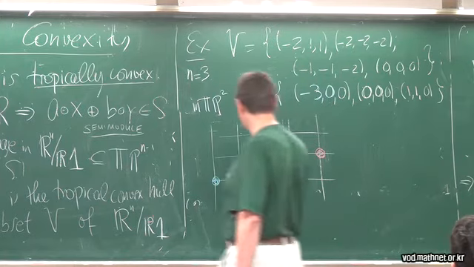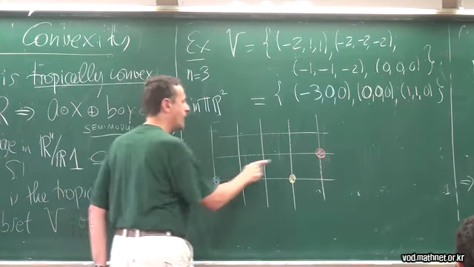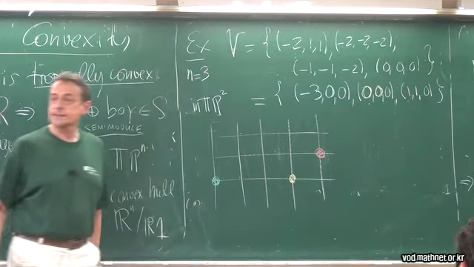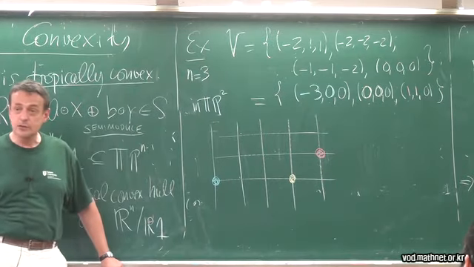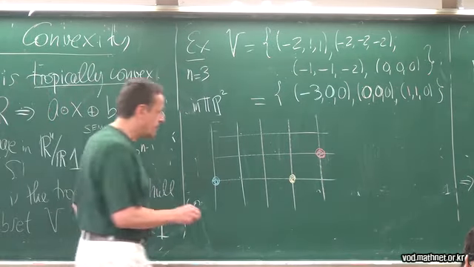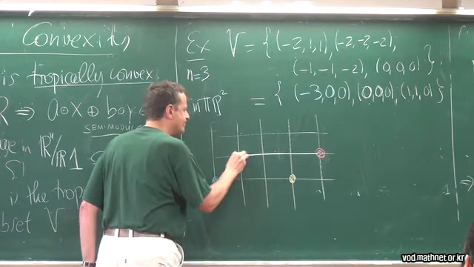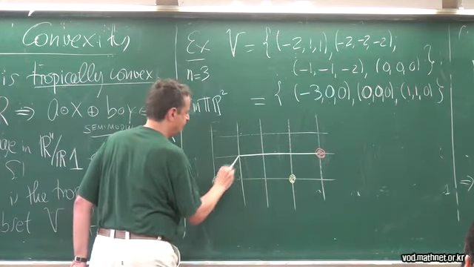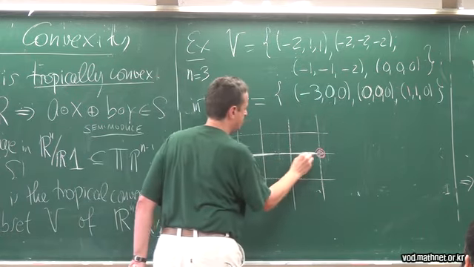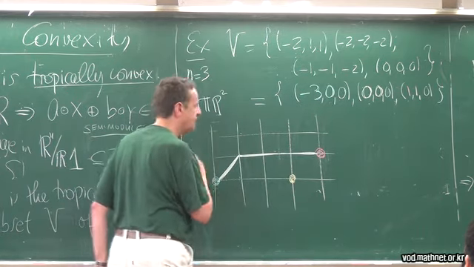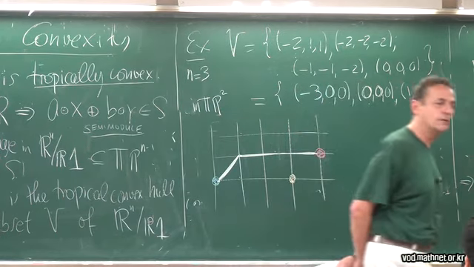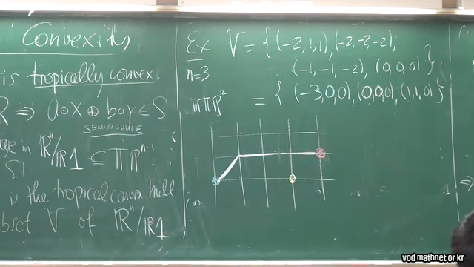Let's just take the convex hull of this point and that point. That's a one-dimensional polytope. That's called the tropical line segment. And that line segment looks like this. It's this segment. Has a little kink, right? So this line segment is the convex hull of the red point and the blue point.